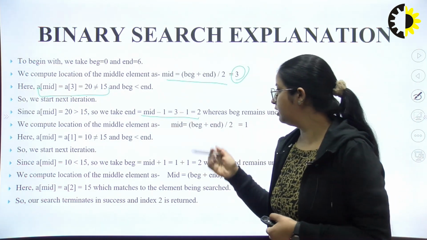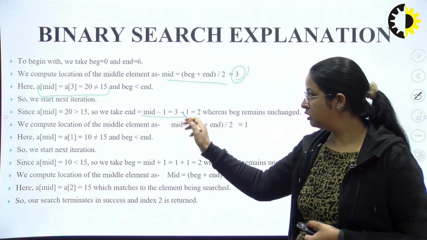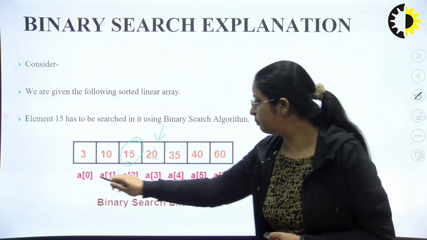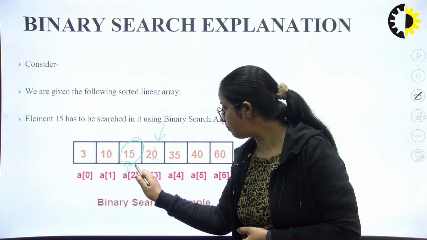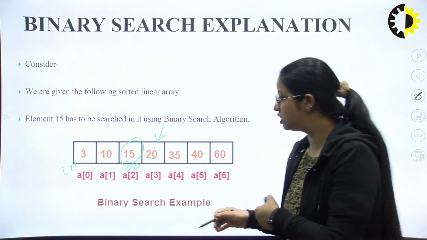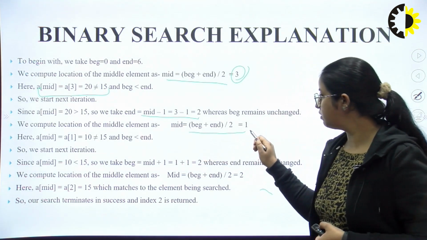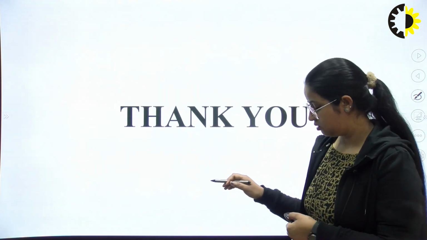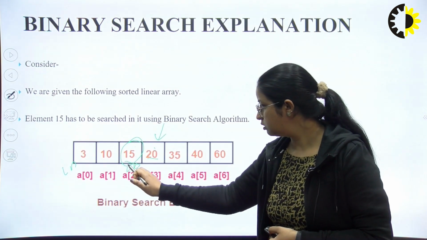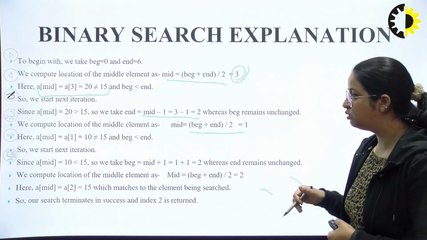Now the lower is at 0 and upper is at 2. Again we have to find the mid. The new mid is 1, because 2 plus 0 divided by 2 is 1.